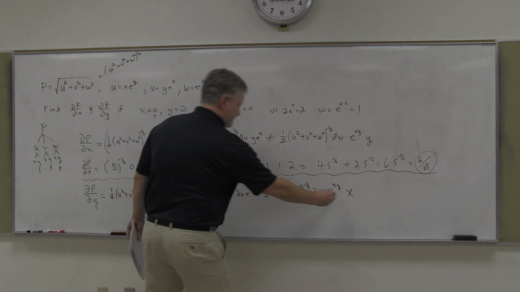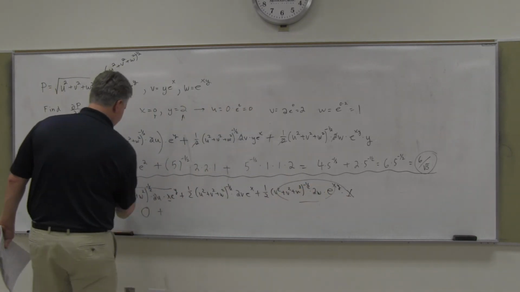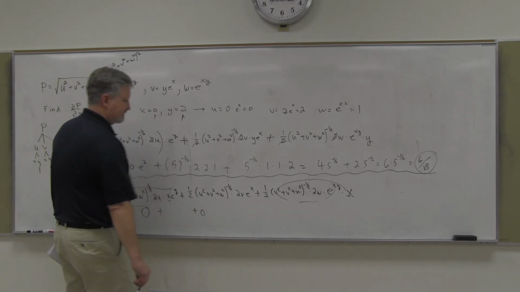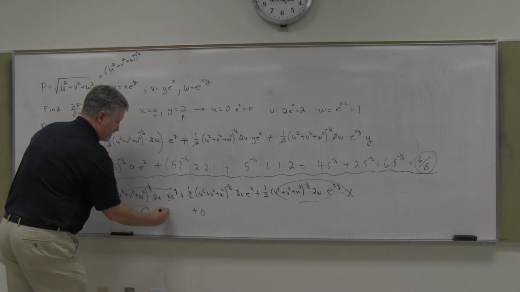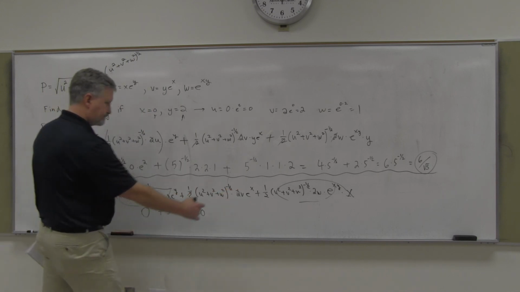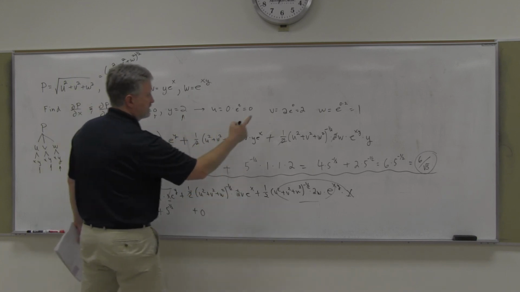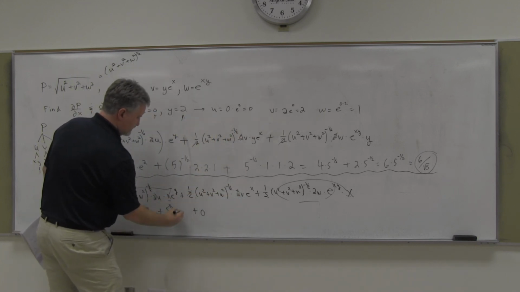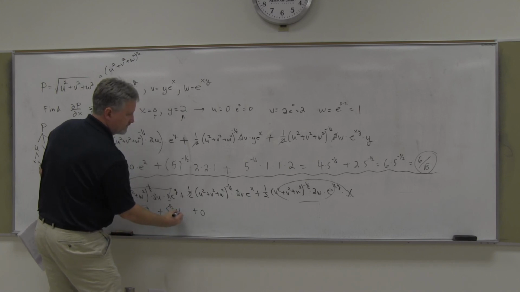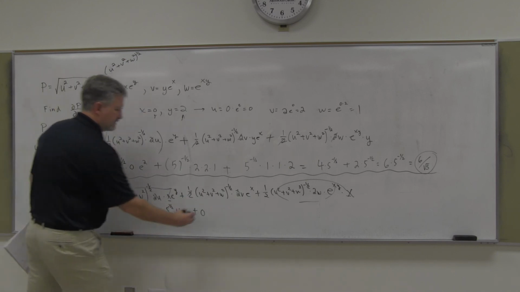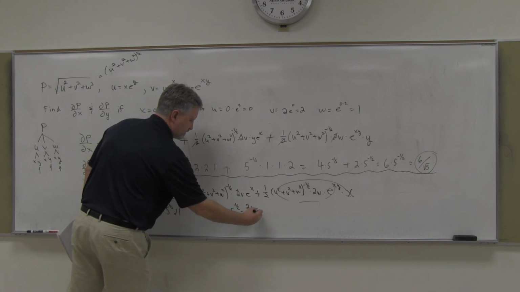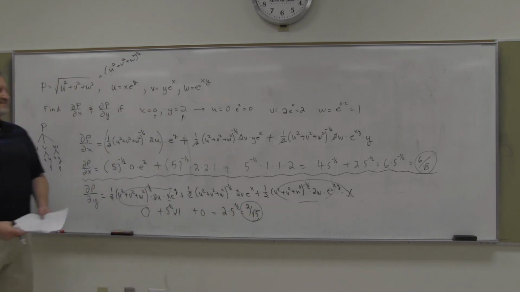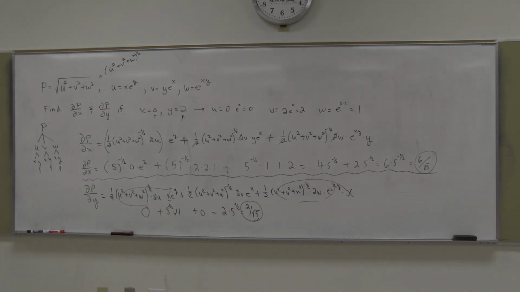I've got a times x here, so that's 0. Both of these terms are just 0. This one, the 2's cancel, so we've got the 5 to the negative 1/2. What's v? 2. E to the x, that's e to the 0, so that's 1. So it's just 2 times 5 to the negative 1/2, or 2 over the square root of 5. Ta-da. So yeah, they can get long.